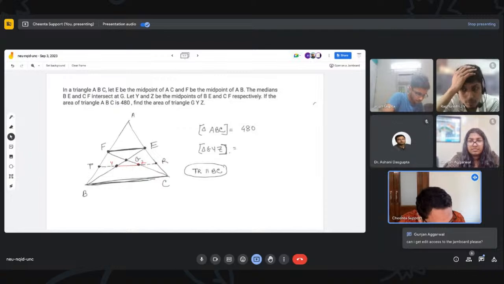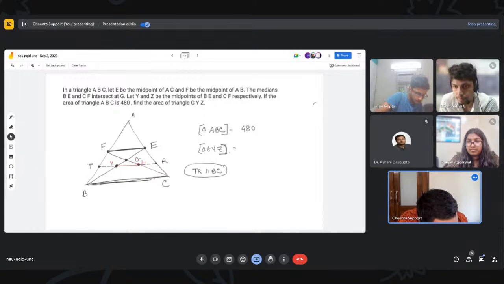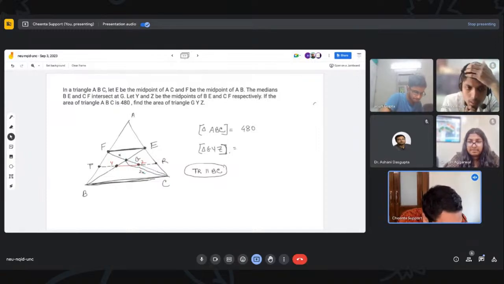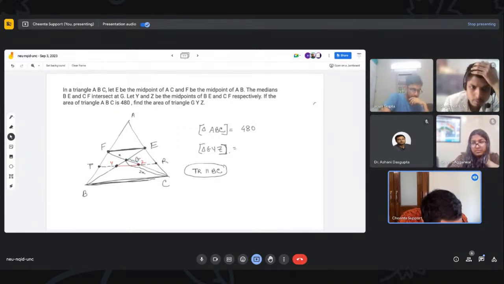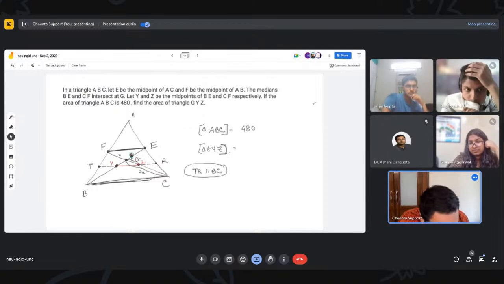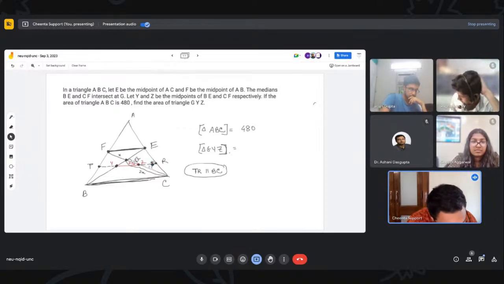Okay, so maybe let's do it like this. Let's say this is x, then this is 2x, and this is 0.5x. This is 0.5x and this is 1.5x because that is the midpoint.